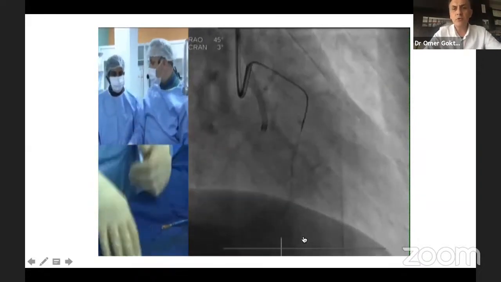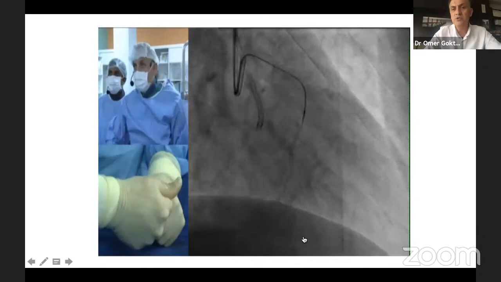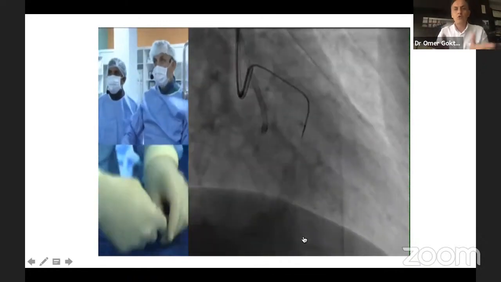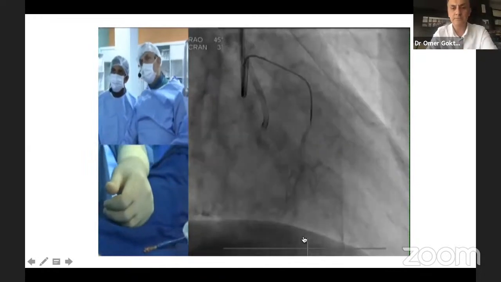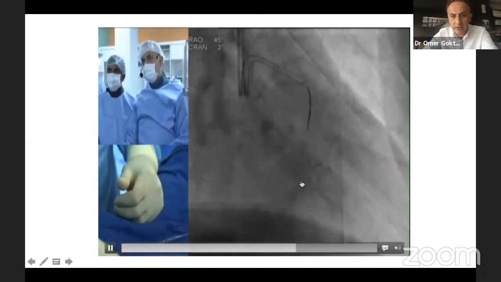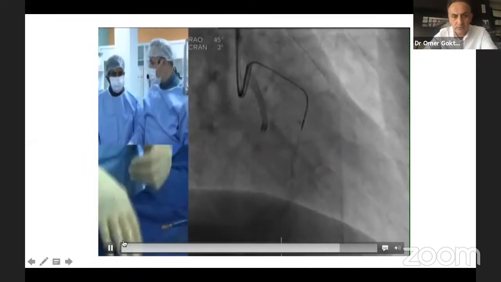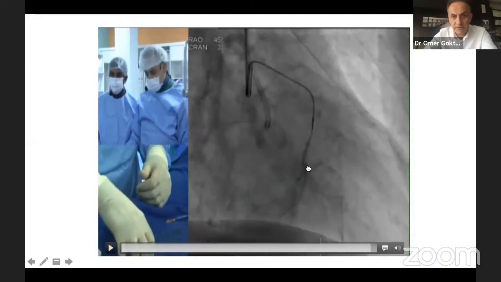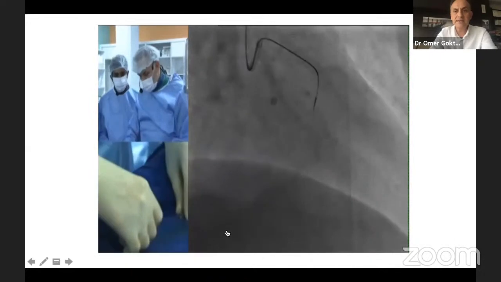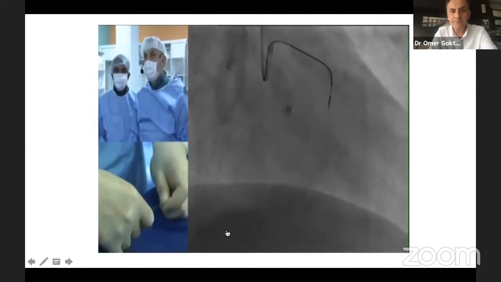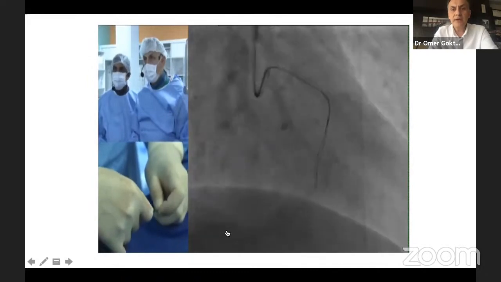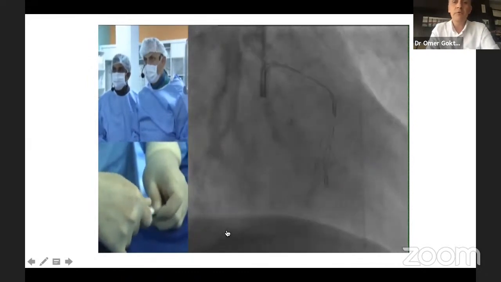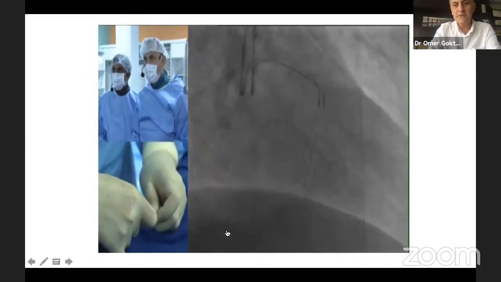Sometimes collaterals are very obvious, but sometimes it's better to do it because you may see lots of branches and you have to see which is the good one. Here, we think this is the best one. Here, you have to go that way. Of course, we have this as a marker. Now this is the Sion wire, I think the workhorse wire for crossing collaterals at the moment.